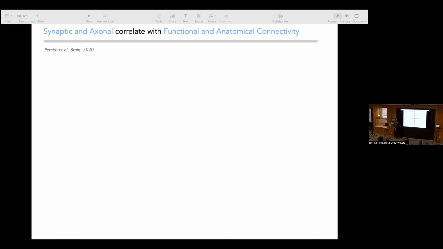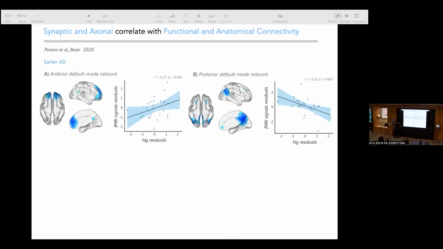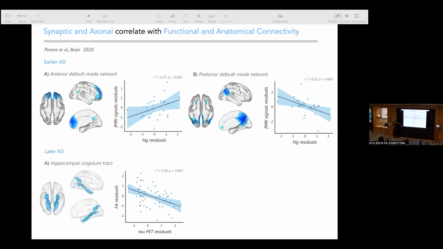And again, we had measures of functional and anatomical connectivity, which we related to our markers. And we found that synaptic markers were associated with the functional MRI signals in the anterior and posterior parts of the default mode network, whereas the axonal marker, much to our disappointment, was not associated with anatomical connectivity, but instead it correlated with tau PET, which again, correlated with the integrity of the anatomical tracts.